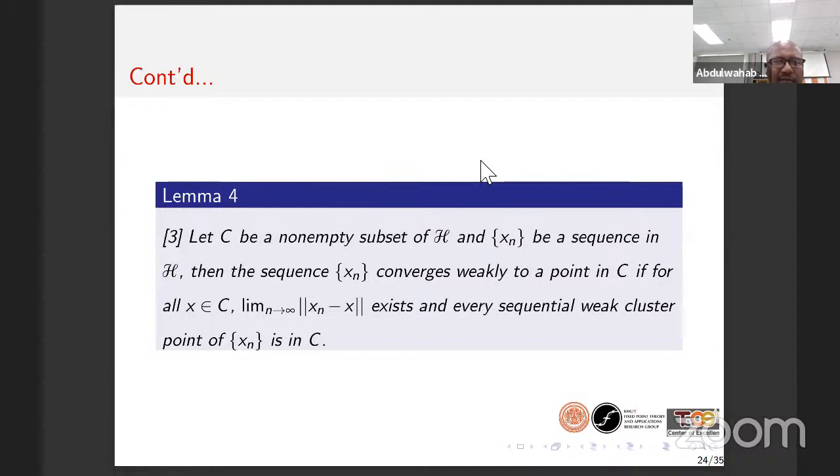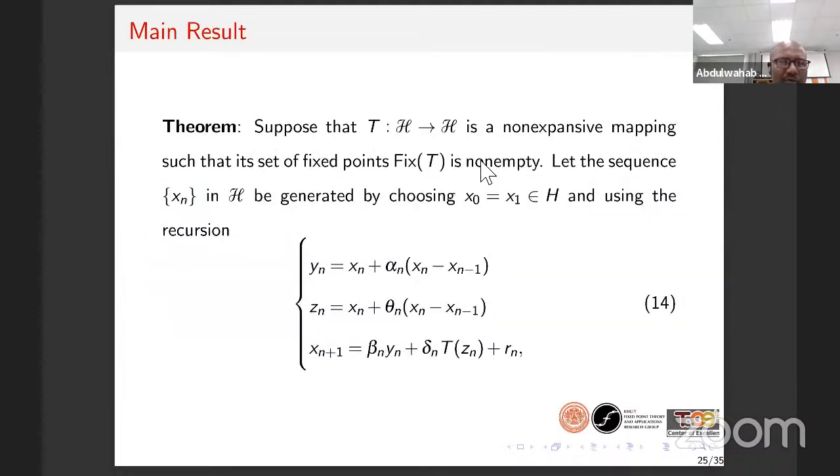And if we can show that every sequential weak cluster point of xn is in C, then using these two points, we can show that the sequence xn converges weakly to a point in C, which is a very important lemma which will be used in our proof.